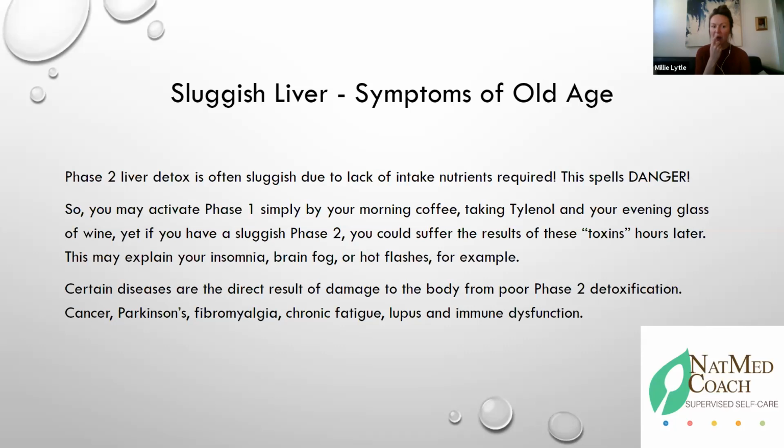And certain diseases are a direct result of damage to the body from poor phase 2 detox. So cancer is definitely correlated to chemical exposure. Carcinogens are a whole onslaught category of chemicals that promote cancer.